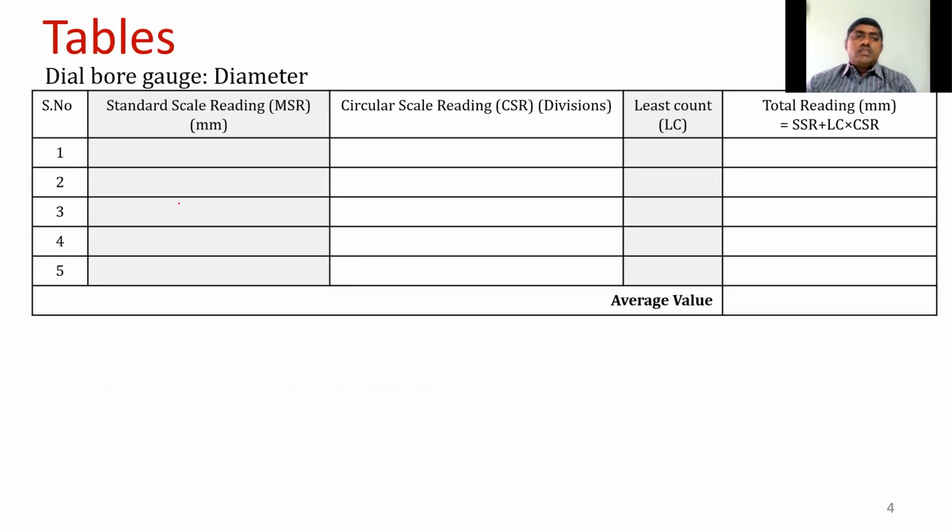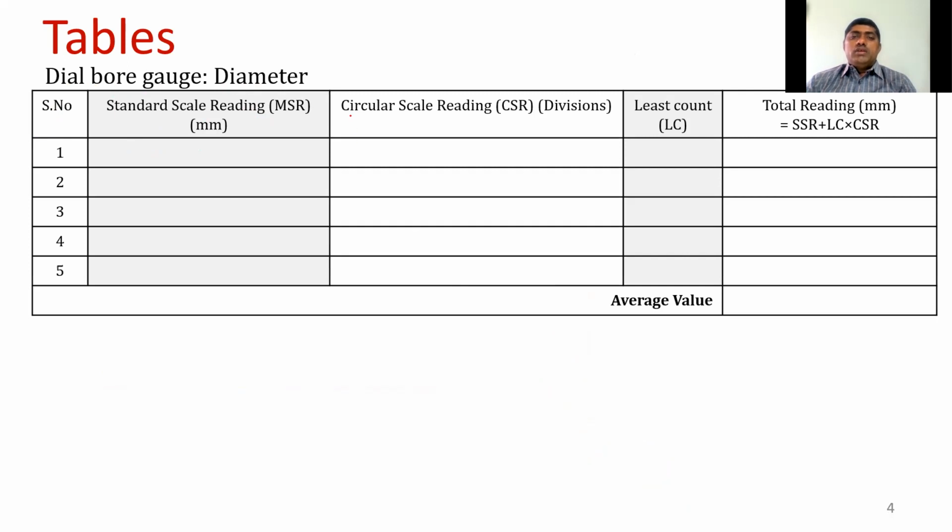For conducting this experiment, we need a dial bore gauge and a table. The standard scale reading here is the standard size of the telescopic piston.